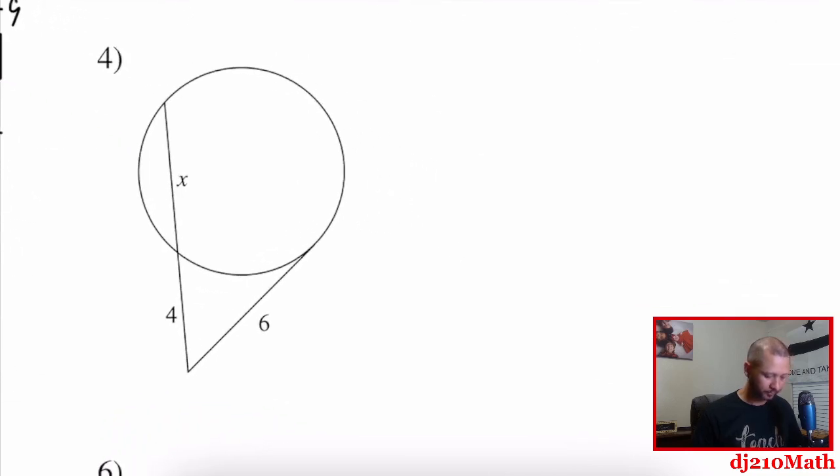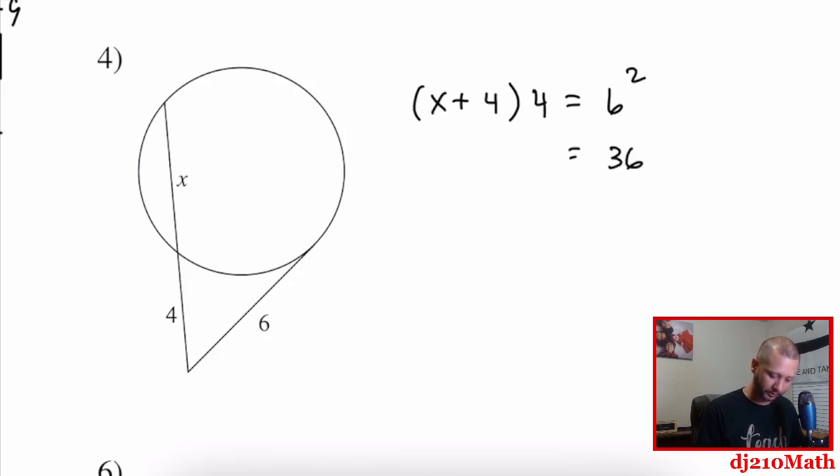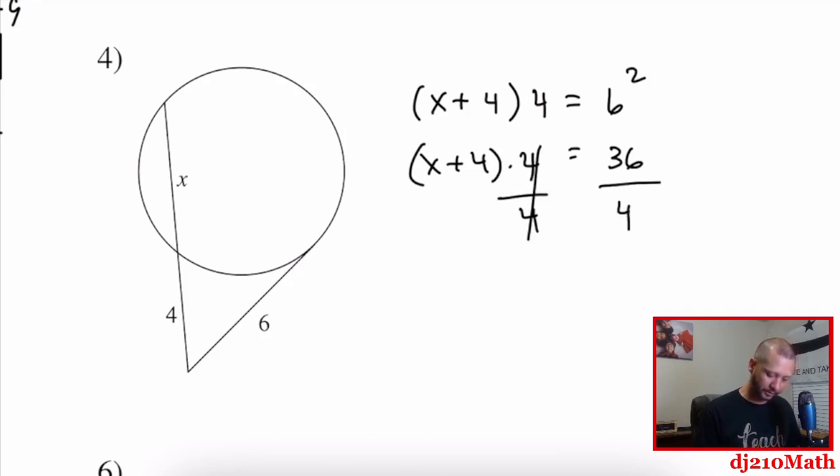Okay. This was like number 1. So the whole secant, x plus 4, times the outside part is equal to the tangent part squared. So 36. This is being multiplied, so I'm going to divide both sides.